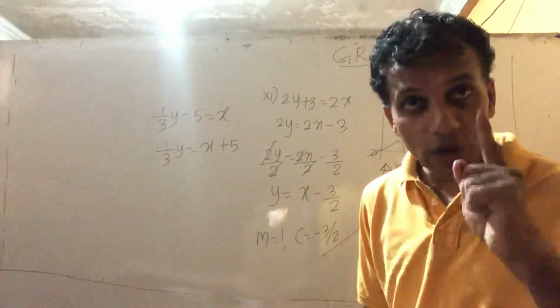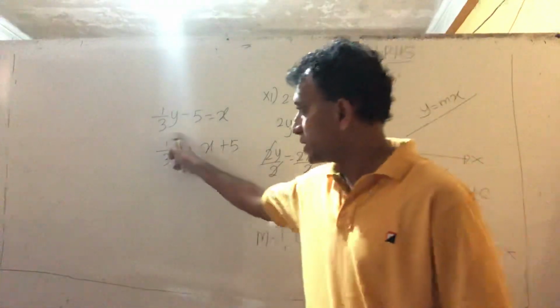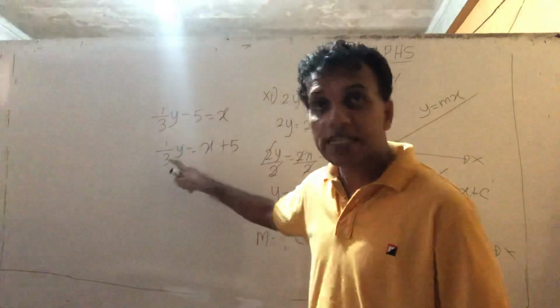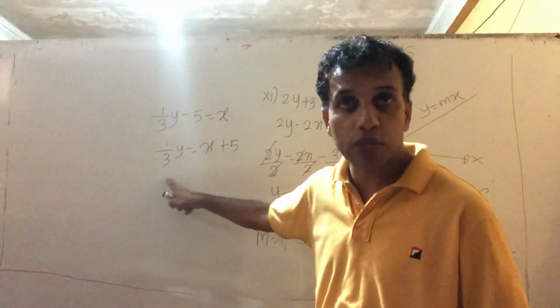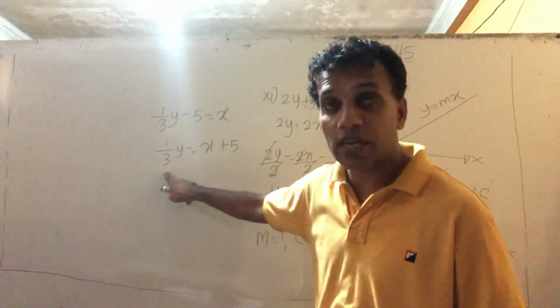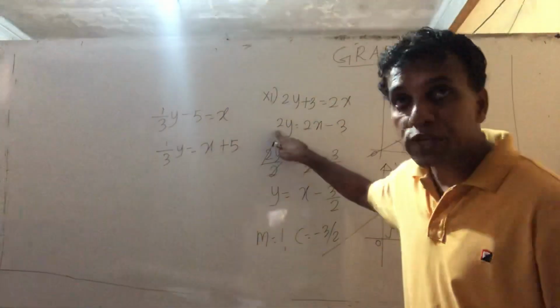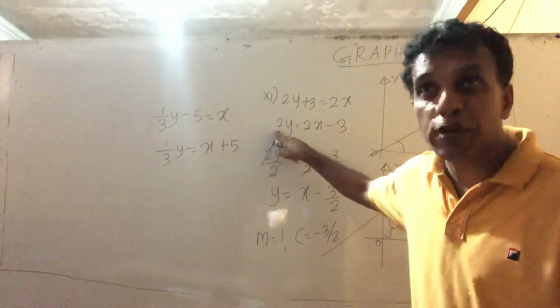Now we need only one y. So we need the y value only. Therefore, we should remove this 3. How? Here, dividing by 3, to remove it multiply by 3. Here multiplying by 2, to remove it divide by 2.